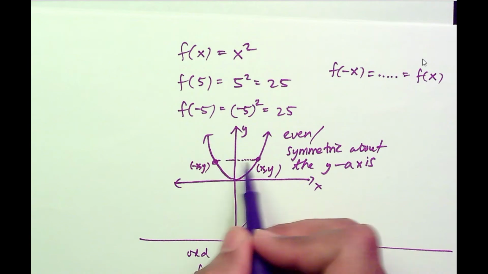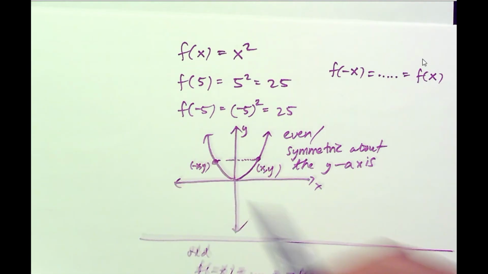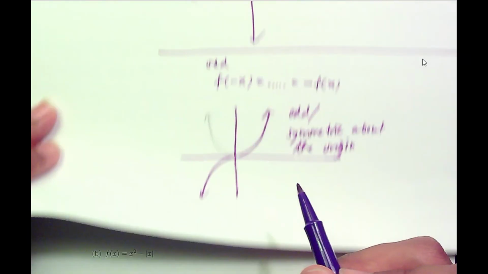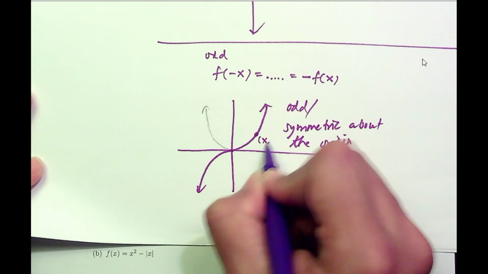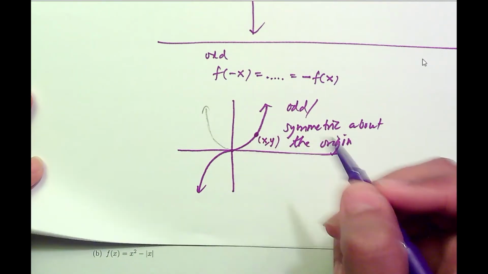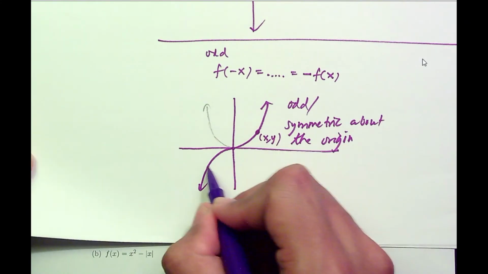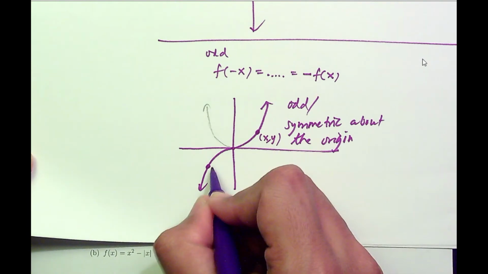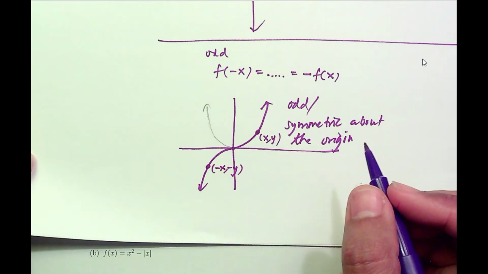Same height, so same y, and then the x is on the opposite side, so negative x. And then if the function is odd, you have a point right here, let's say x comma y. If the function is odd, then the point that has coordinates both negatives, negative x, negative y, is also going to be on the graph.